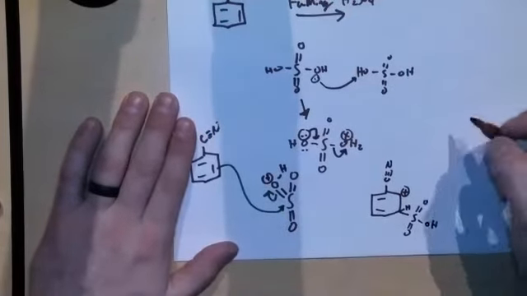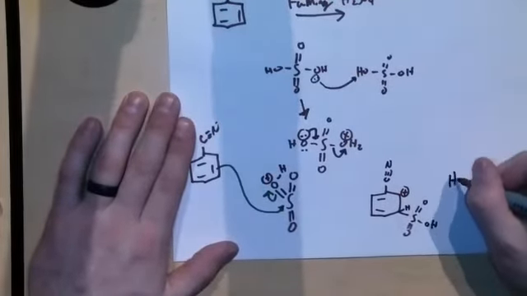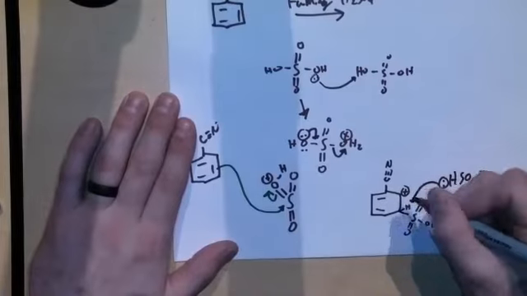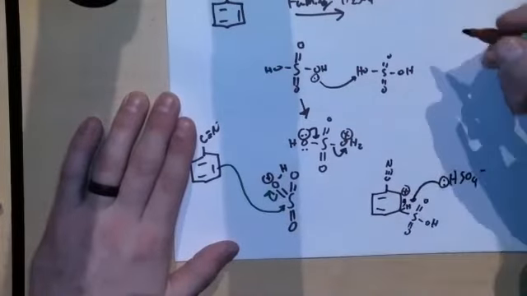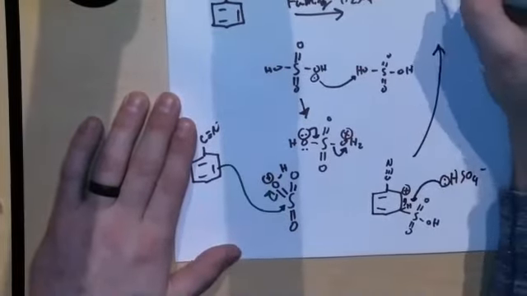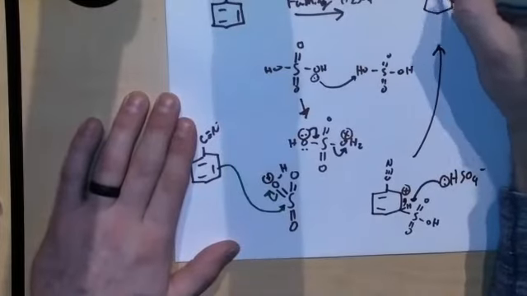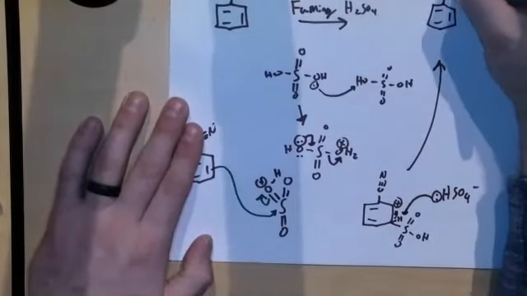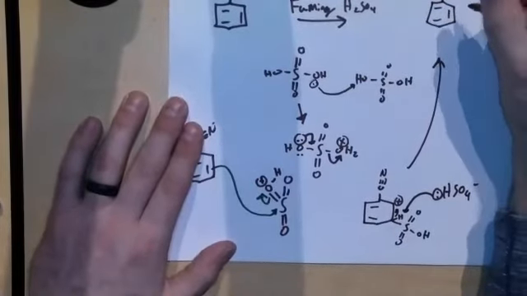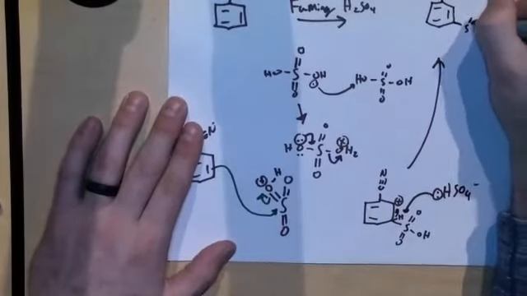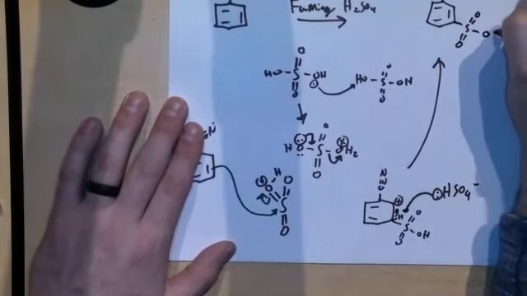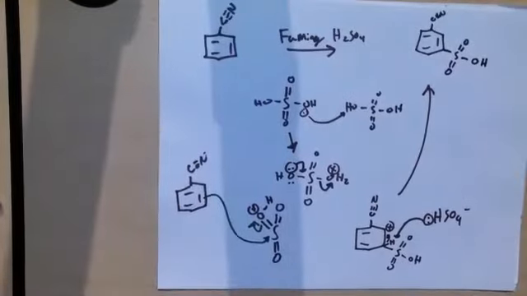From here, we made HSO4 minus in the first step. So this will grab our proton, re-aromatize, and we can get sulfonation.